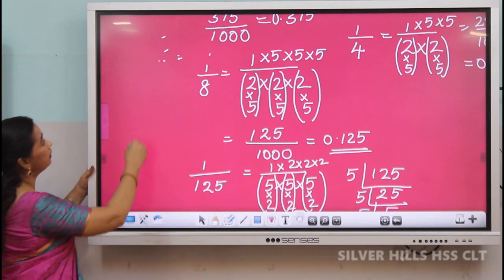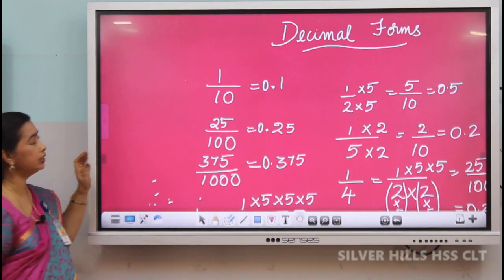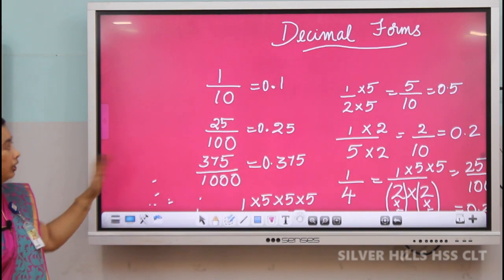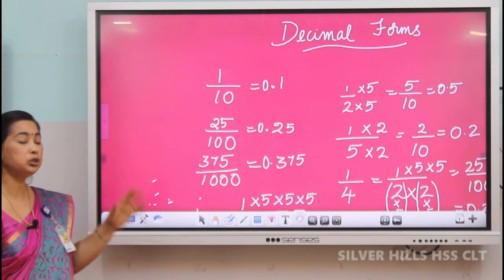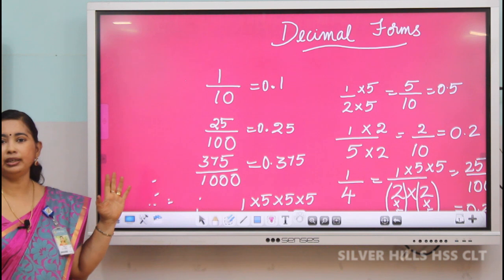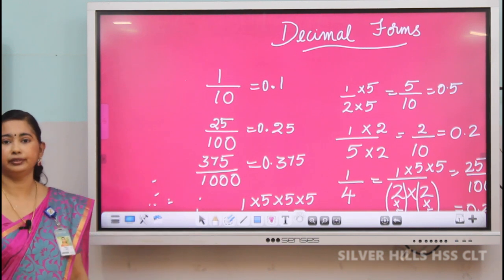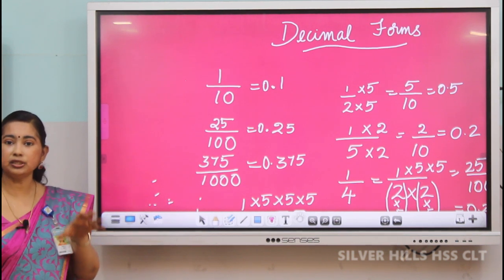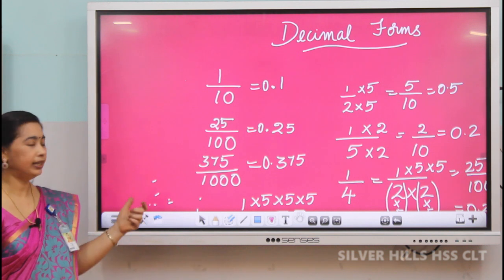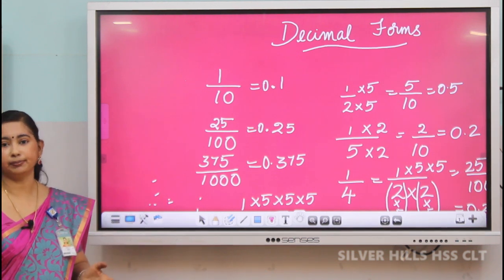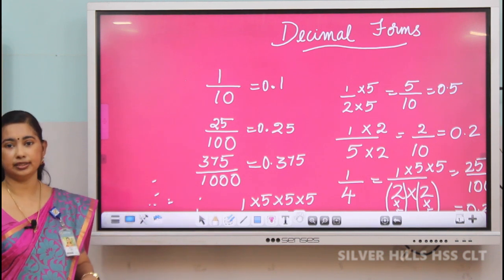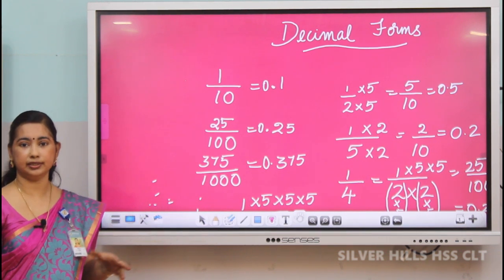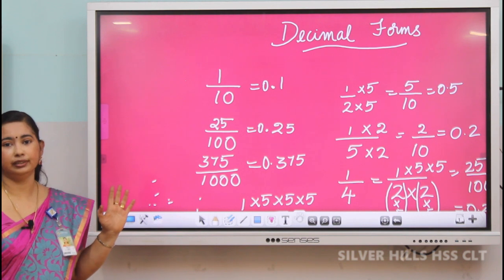These all are in powers of 2 or 5. In order to convert such fractions which have denominator 2 or 5, we just have to multiply by powers of 2 or 5 and make it as pairs of 10, so that it is easy to convert to decimal forms. So, the next session will be dealing with fractions having other denominators, that is, other than 2 or 5. Thank you.